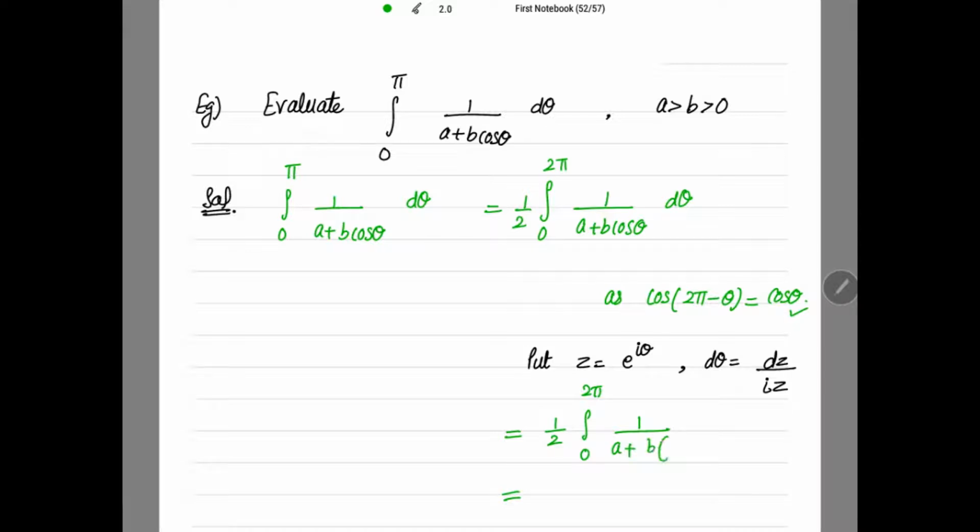Now cos theta will be changed to, as I also took in the last video as a remark, cos theta is equal to 1 by 2 (z plus 1 by z). So this is 1 by 2 (z plus 1 over z). It is changed in this, and d theta is dz over iota z.